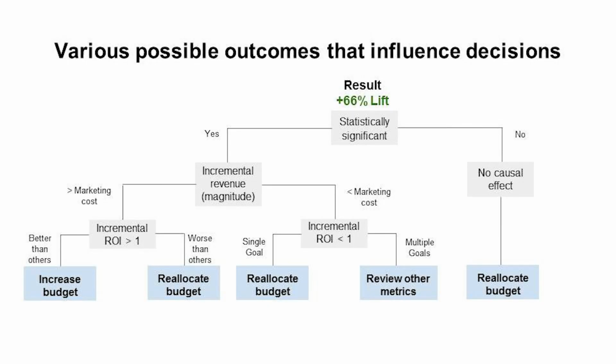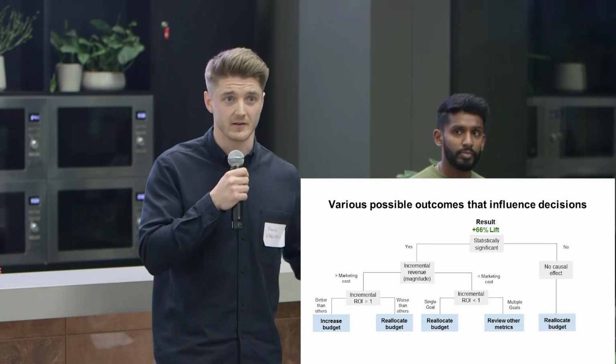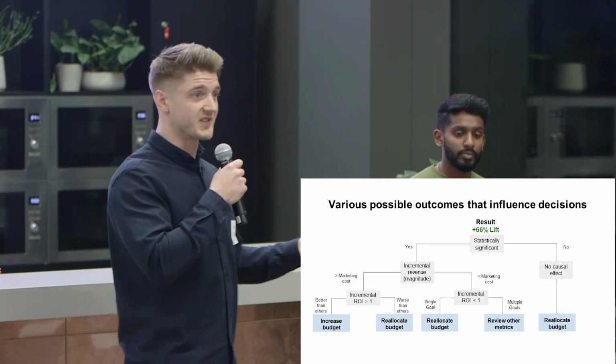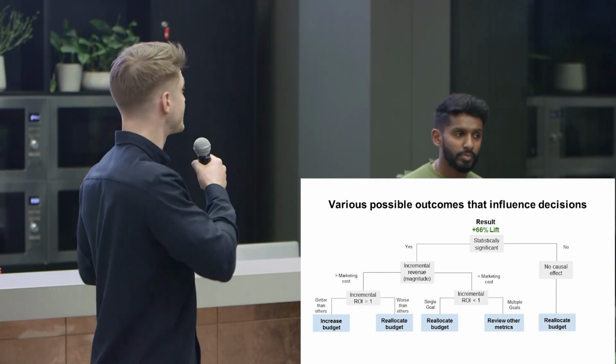So we've got our observed result. How do we then use this to make decisions? There are various possible outcomes to an incrementality test. Unlike in an A/B test, where you're generally deciding between A and B, test and control variants, there are multiple decisions you can make from the result of an incrementality test.